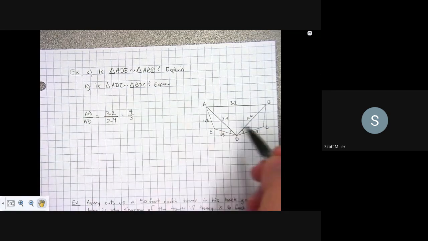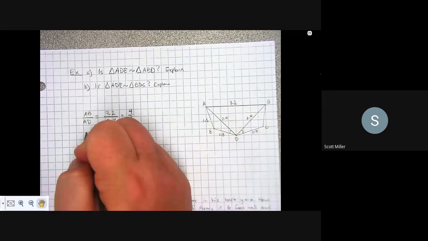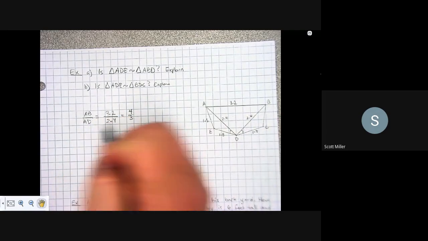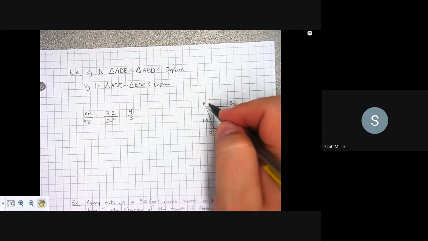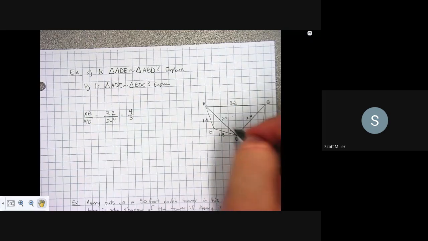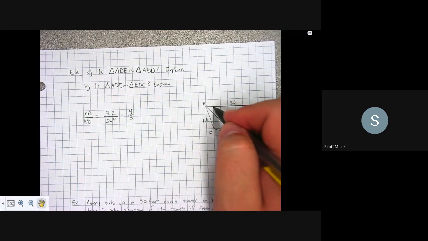We can't just stop with one. Let's see what I do. AD is this side for the big triangle, and this is the corresponding part for the little one.